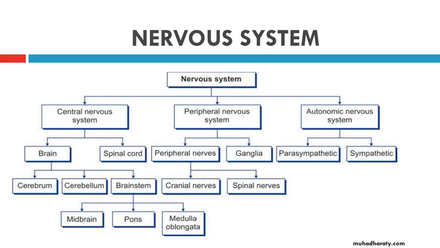Then peripheral nervous system. Peripheral means it's a sub-division, which means the nerves arising from the brain and the spinal cord will be included in the peripheral nervous system. It includes the peripheral nerves as well as ganglia. Ganglia, we can say, are groups of nerve cell bodies.